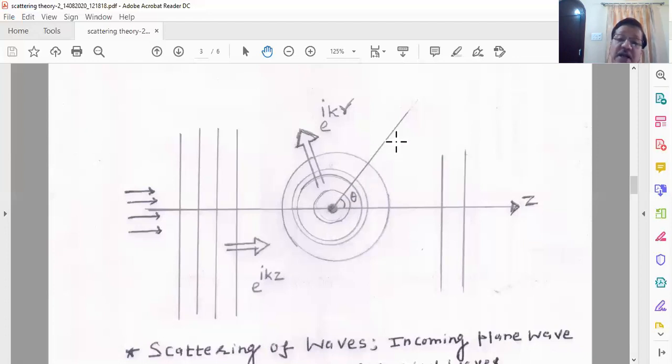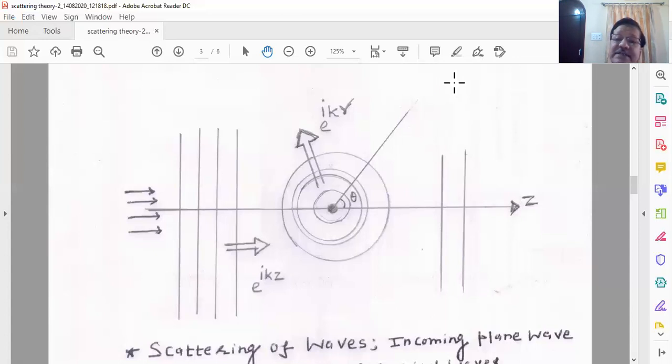And at a large distance, suppose you keep your detector here, at that point the potential of the scatterer is negligible, and you want to study a scattered wave at a large distance from the scatterer, because we want to study the asymptotic behavior of the scattered wave.